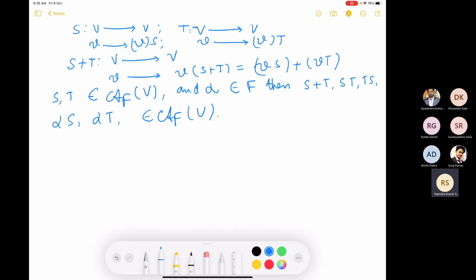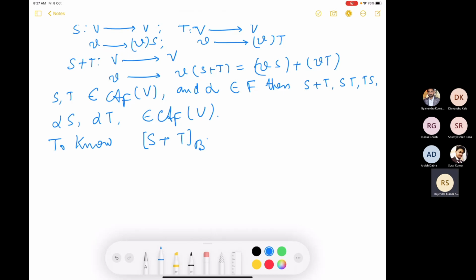So once they are linear transformations, we want to know the matrices of these linear transformations. So we want to know the matrix of the linear transformation S plus T with respect to this ordered basis B.